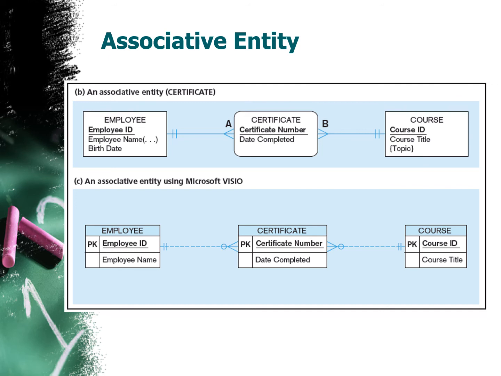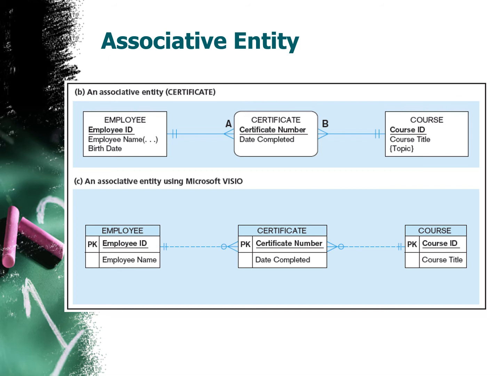Those fields will serve as foreign keys coming from the entity types. So not only will you have your certificate number and date completed, you will have the employee ID so that we will know whom this certificate belongs to, and we will also have the course ID to determine which course he or she has completed.